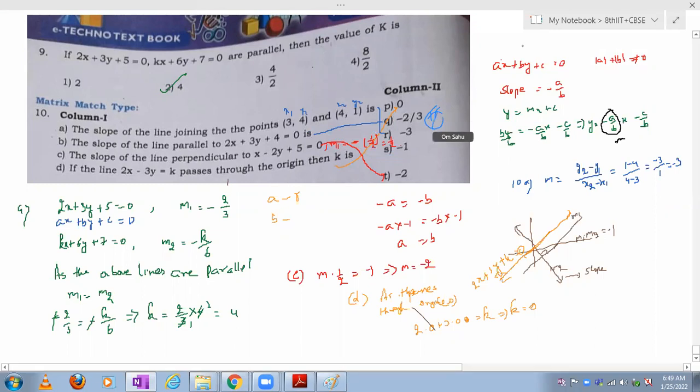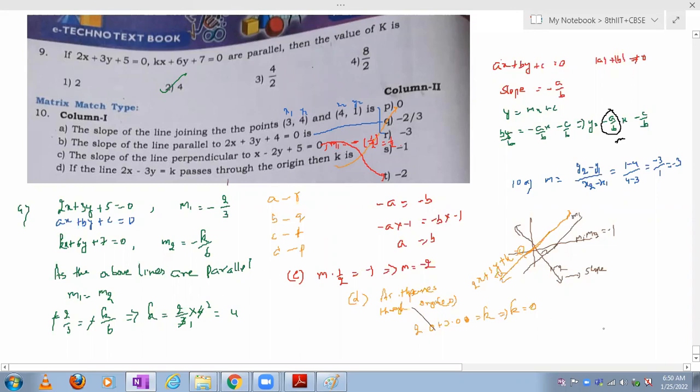Okay, clear. B is Q. C is T. And D, D is P. Okay?